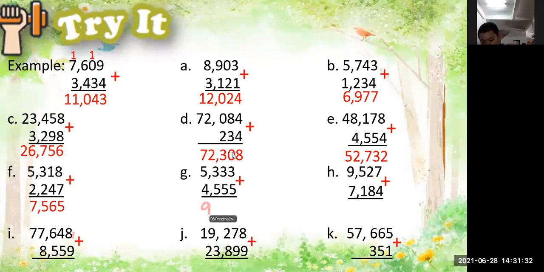Letter D, this one is wrong. It must be 1. 300 and 1. Yeah, this one is 1. 72,318. 18, not 8. Thank you. Very good.